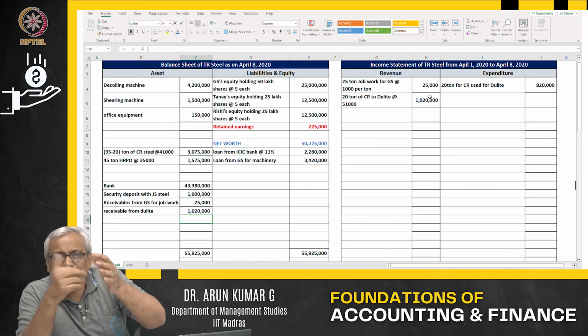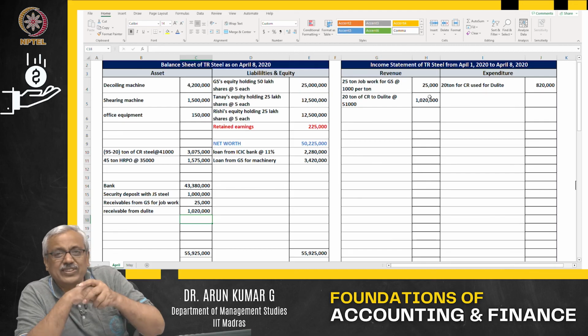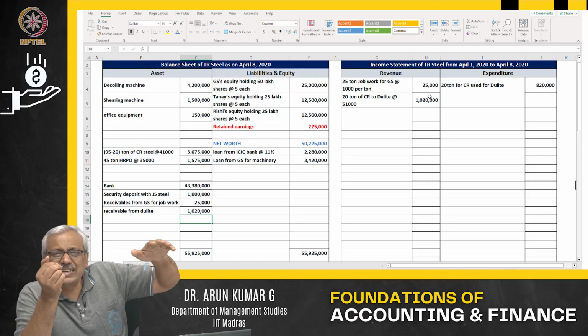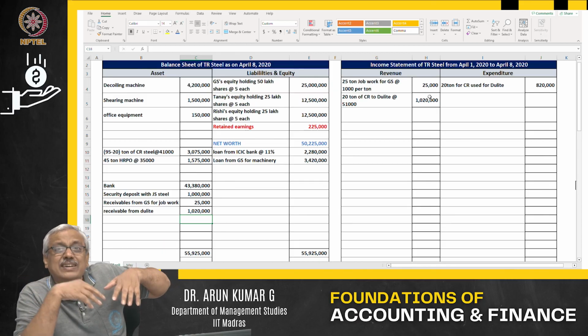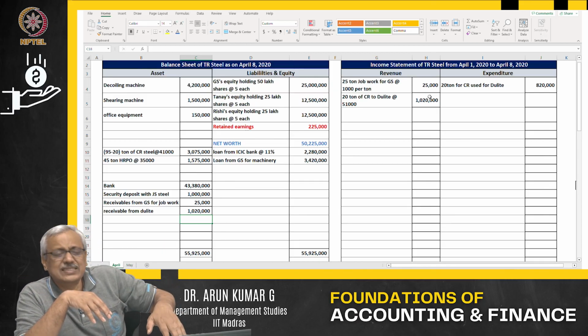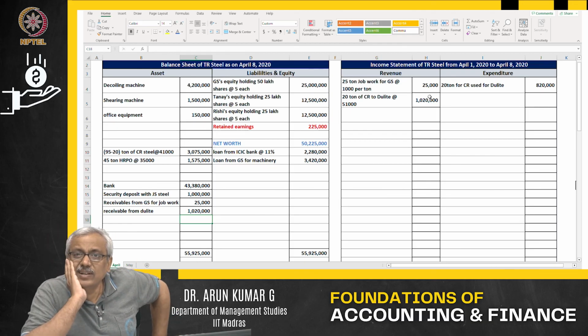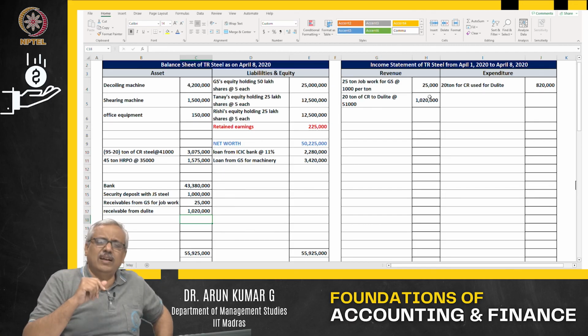Then when the sale is made, you earn a revenue, revenue has accrued, and that is what we see here. If you had received cash, the bank balance would have increased. Because you have not received cash, you have a receivable, your receivables have increased, as you can see on the balance sheet.